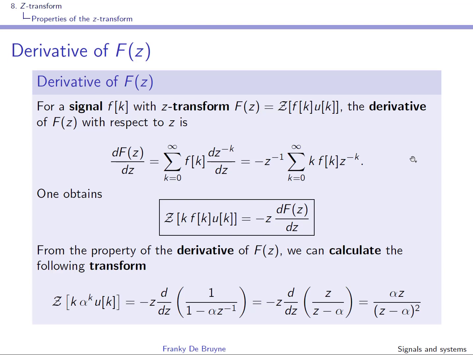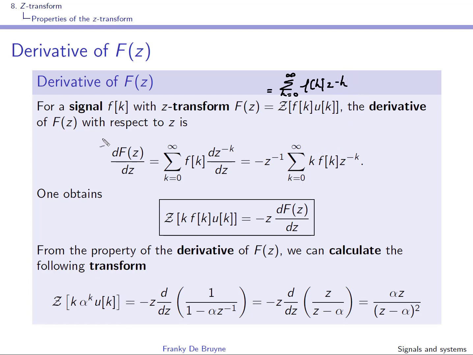The next property of the z transform involves the derivative of F of z. Remember that F of z is the z transform of the sequence f of k. We assume again a one-sided z transform, so we have the sum of f of k z to the minus k, right?